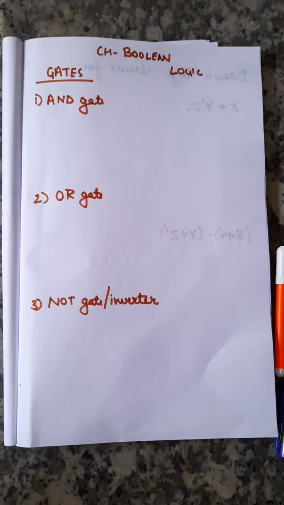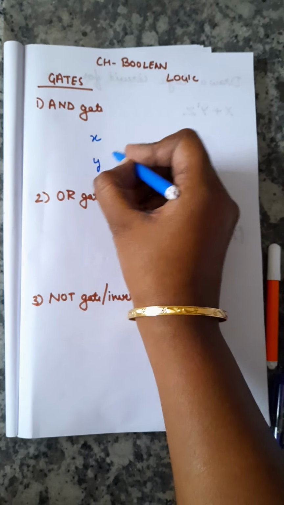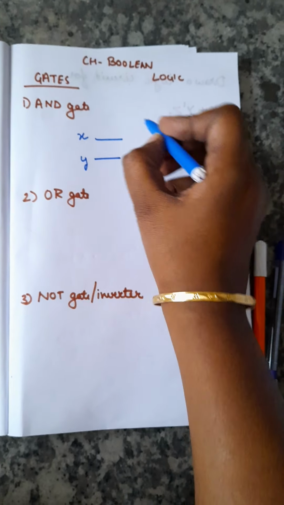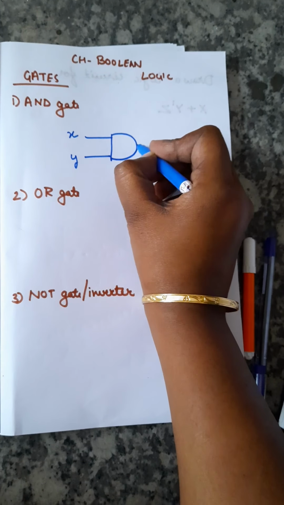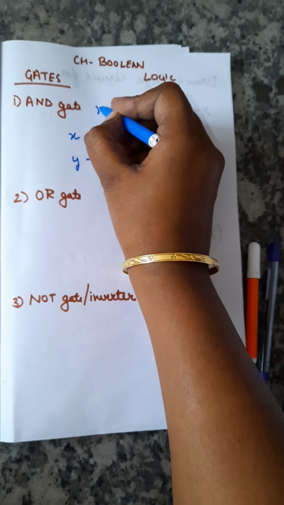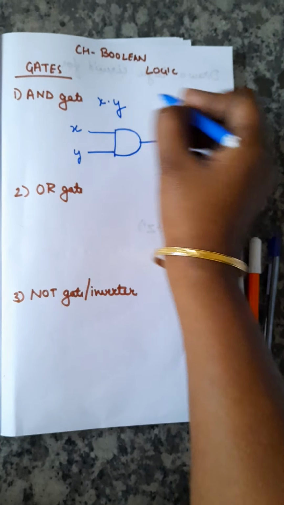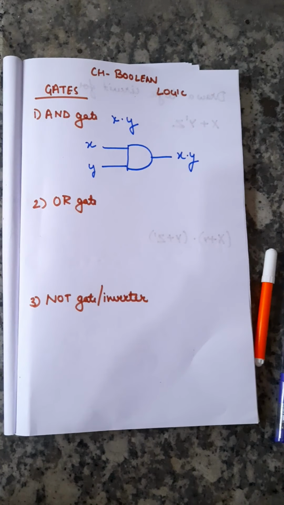The symbol of the AND gate is like this. If we have two values x and y and we pass them through the AND gate, this is called an AND gate and you will get the answer. We all know that the expression for the AND gate will be x multiply y, so you get x dot y.